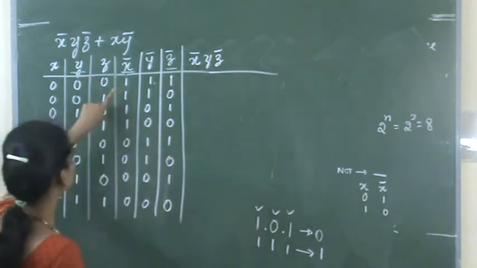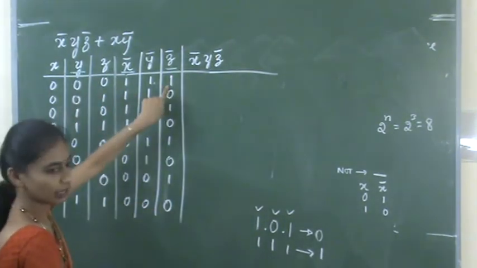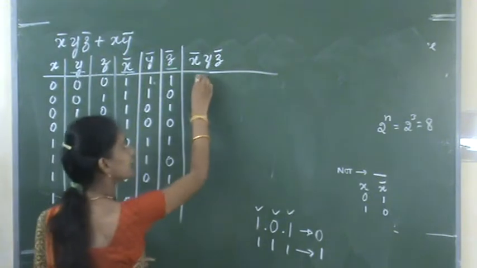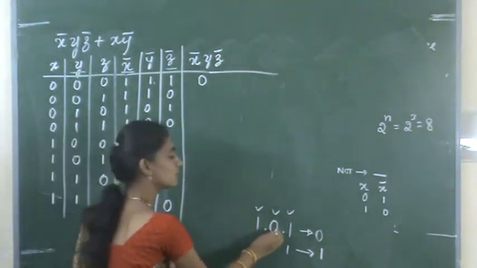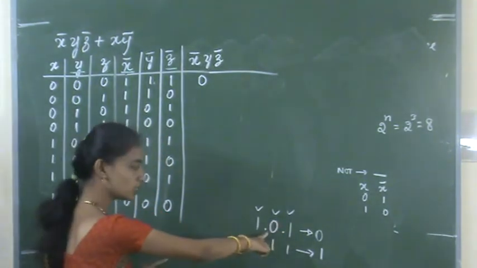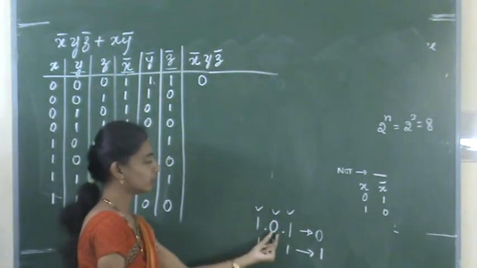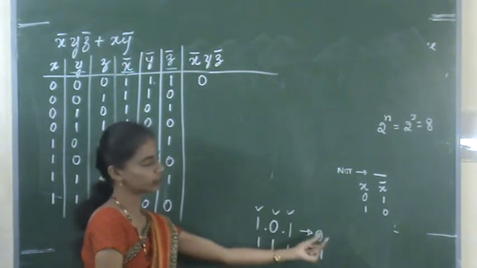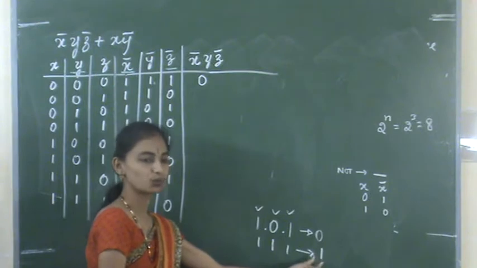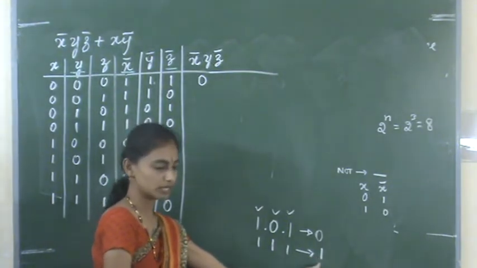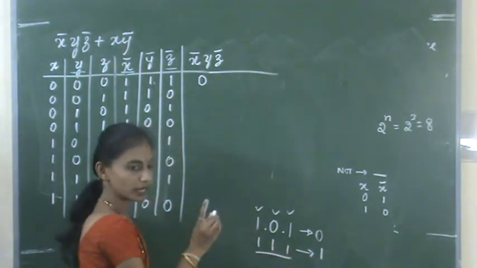So check 1, 0, 1: the output will automatically be 0, because the y value is 0, and if any one input is 0, the output will be 0 only.